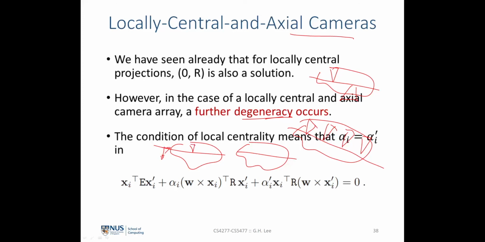Suppose that this is the camera I and this is camera I. We can see that even though the view changes, alpha I over here and alpha I prime over here, which are used to define the position of the camera with respect to the reference frame, will not change, because essentially these two are the same camera. So we are not moving this particular camera, it's rigidly fixed onto the axis.